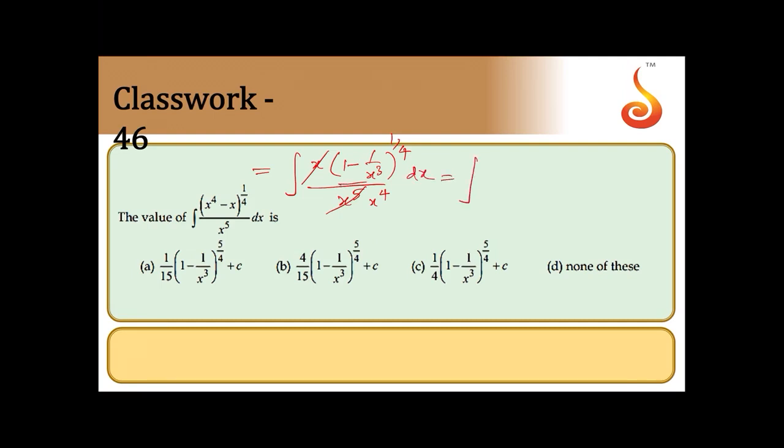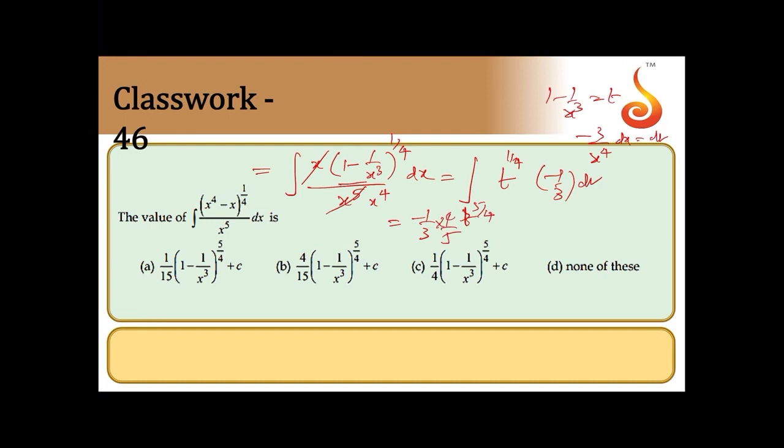Now, I can take out this number as t power 1 by 4, and 1 minus 1 by x cube is equal to t, and the derivative, 3 by x power 4 dx, is equal to dt. So, minus 1 by 3 dt. So, therefore, we get minus 1 by 3 t power 5 by 4 into 4 by 5.